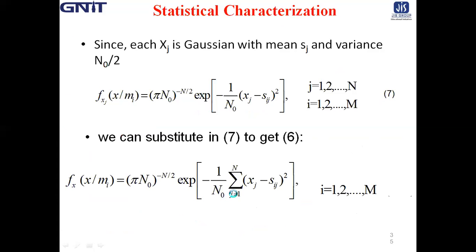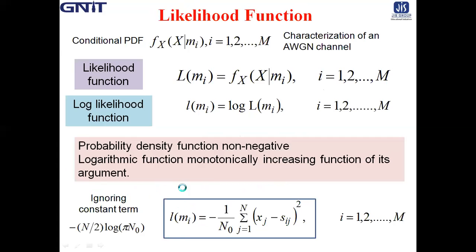Therefore, in that equation, ignoring the constant term (pi N0) to the power minus n by 2, and just taking the log, the exponential term is no longer present, leaving minus 1 by N0 summation of j equal to 1 to n of xj minus Sij square. Now see the expression. So the log likelihood function l(mi) equals minus 1 by N0 summation of j equal to 1 to n of xj minus Sij whole square, ignoring the constant term minus n by 2 log (pi N0), as it is a constant and bears no relationship to the message symbol mi.